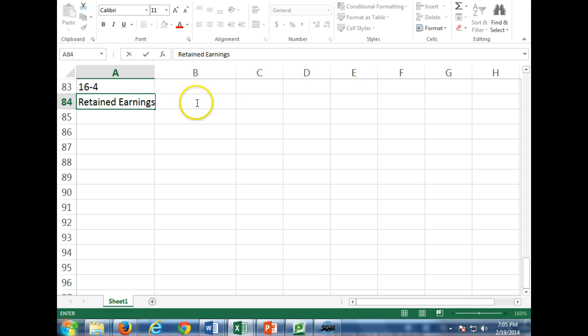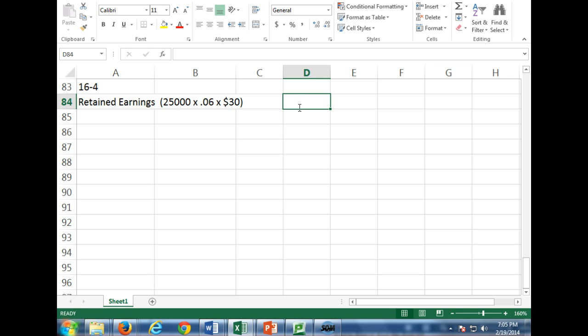Okay, retained earnings. How are we going to calculate this? The retained earnings are going to be 25,000 shares times 6% times 30 bucks. Okay? And what is that? $45,000.